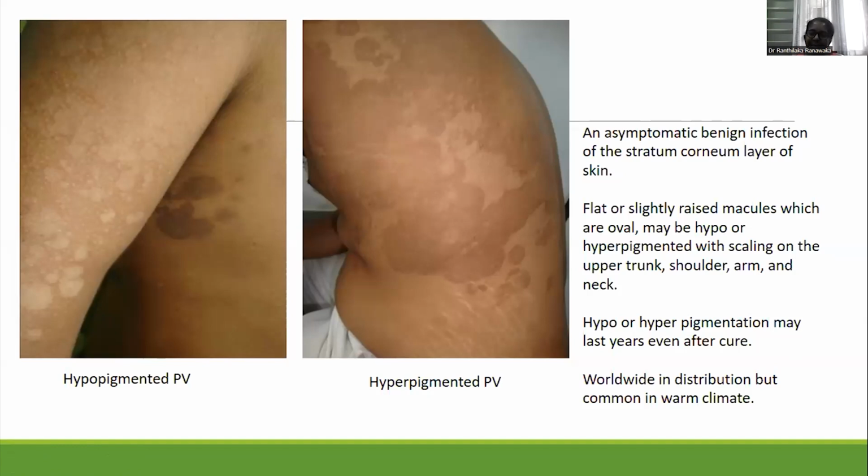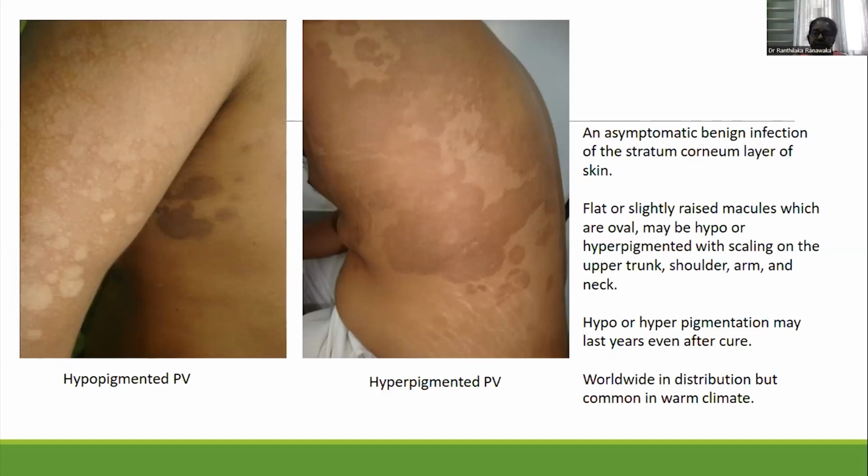If the scaling has disappeared, and sometimes they complain after a wash, the scaliness becomes more prominent. So if that feature is gone, that means the fungi is dead, right? So we don't treat until this hypo or hyperpigmentation disappears, right? So it takes years to cure.